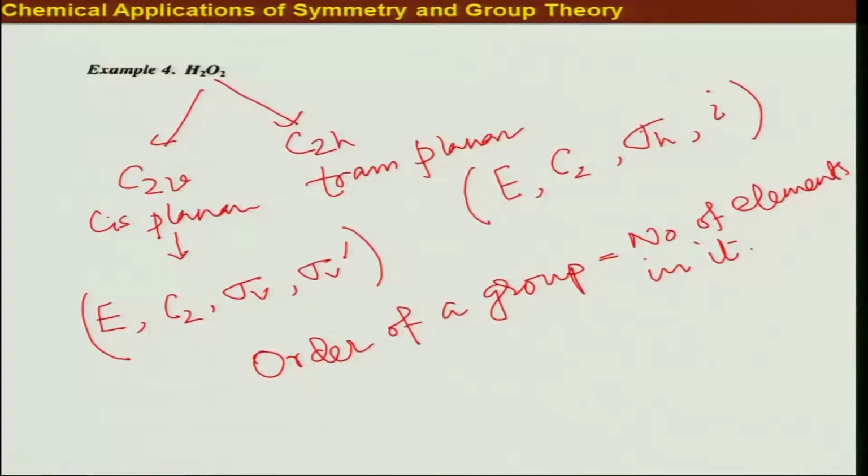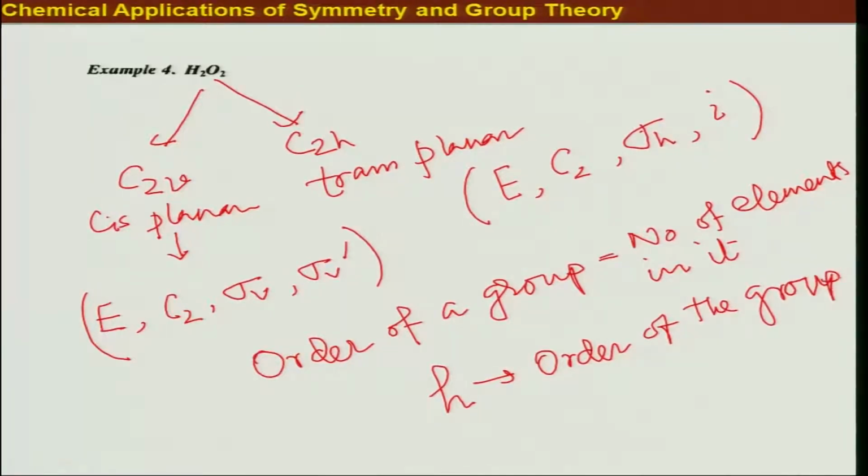In many cases you will be using a notation called h. h stands for the order of the group. In some books you will find a different symbol for order, but it does not matter. We mostly will use h to define the order of the group.